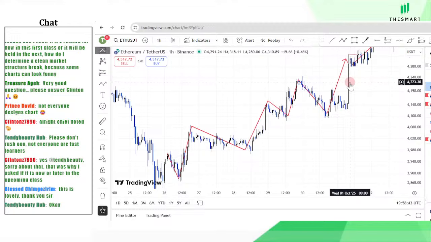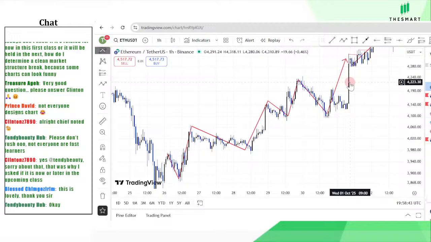You have this high taken out, and another high taken out. What you have here is a sweep. On the 4 hours it is showing as a sweep, but on the 1 hour it might be a break. I will also explain all of this in the coming classes. So you have a sweep.